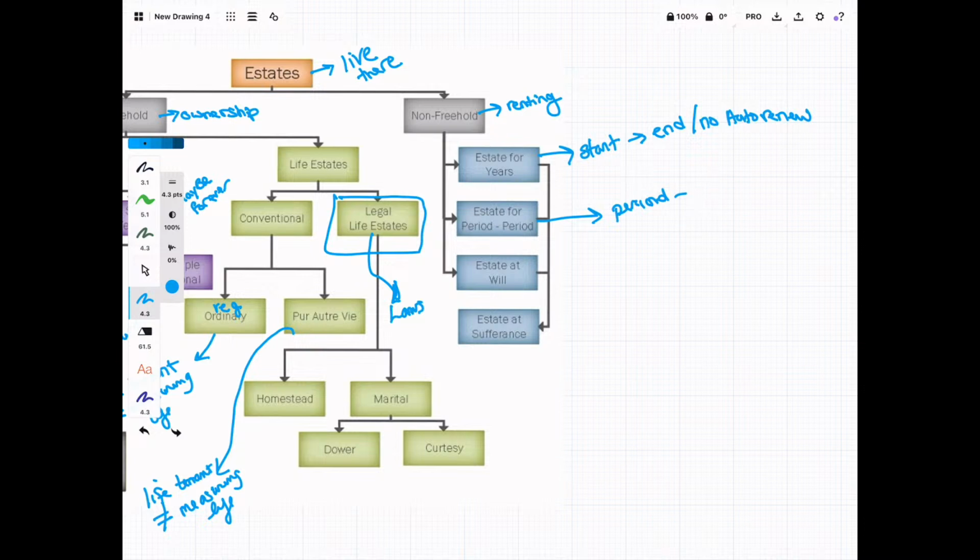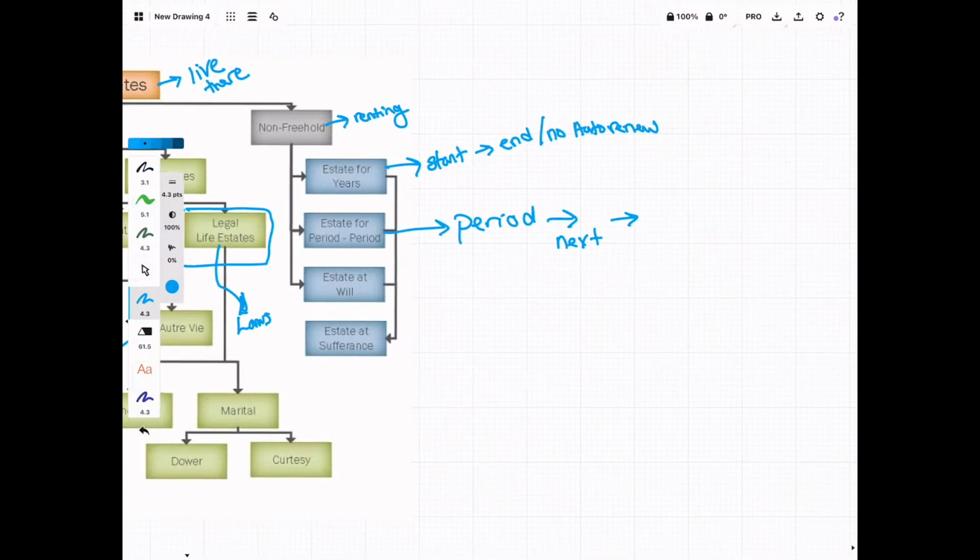You got a period, then you go to the next period, and then you go to the next period automatically.